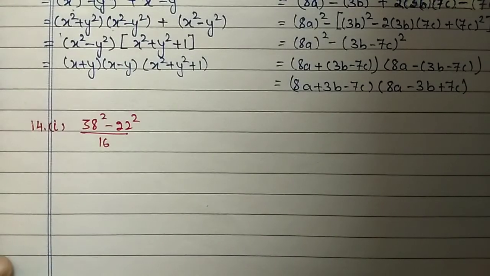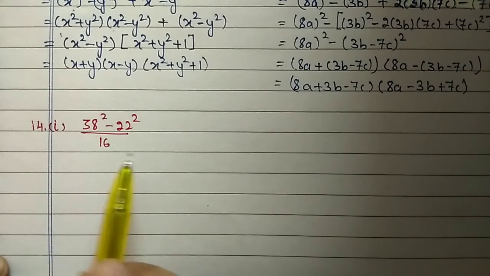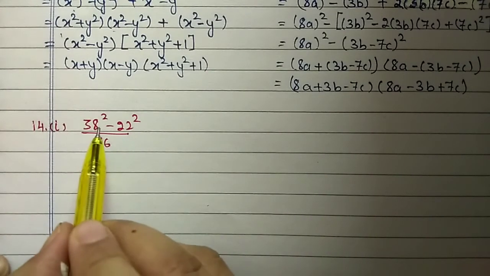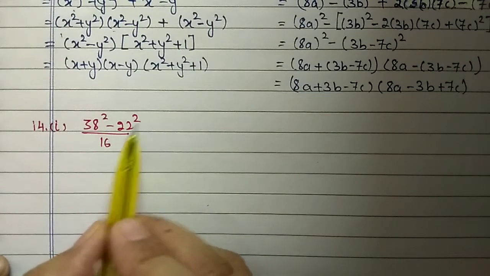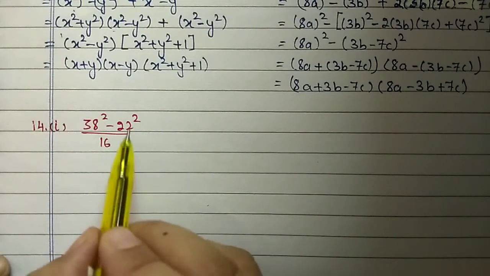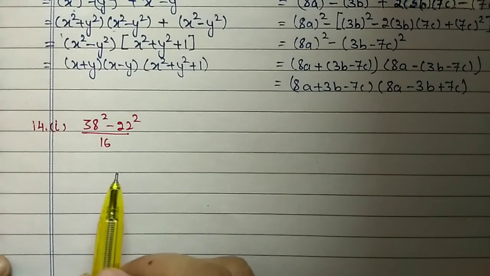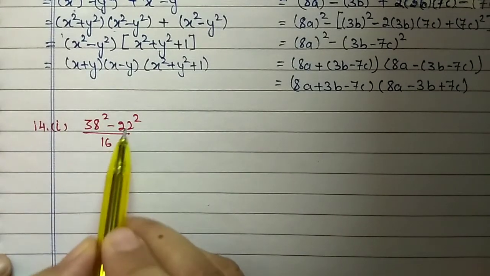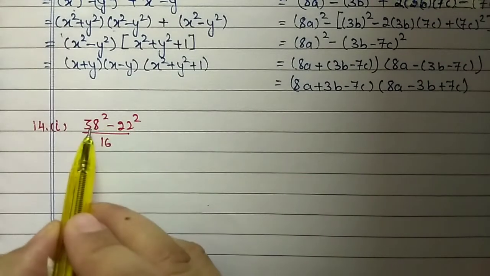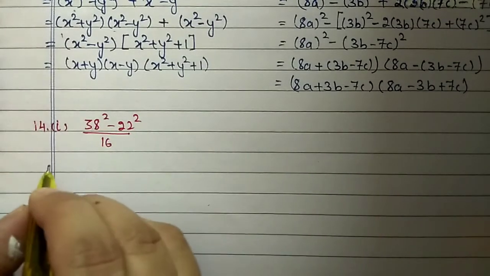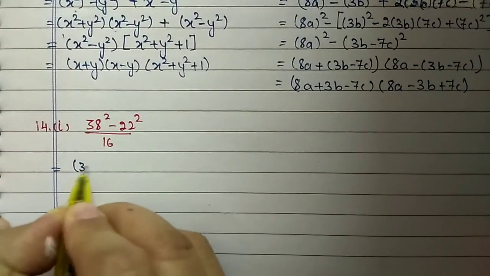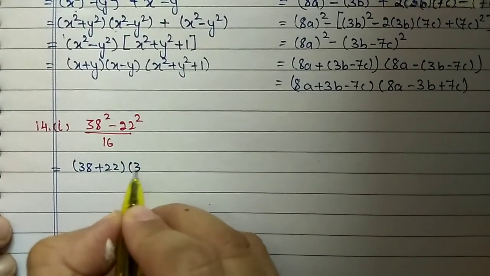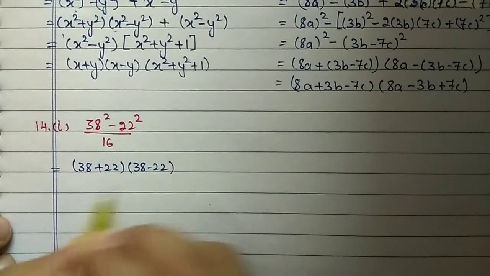Next, 14th, first part, we have to evaluate it. 38 whole square minus 22 whole square. So here you should not do the squaring and then subtraction then division. You have to use the formula we have been using. So here we can use the a square minus b square formula. So a square minus b square is equal to a plus b, a minus b, means 38 plus 22 and 38 minus 22.